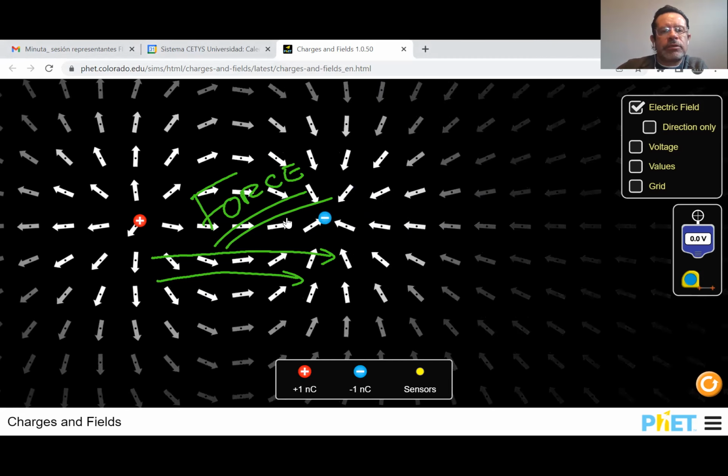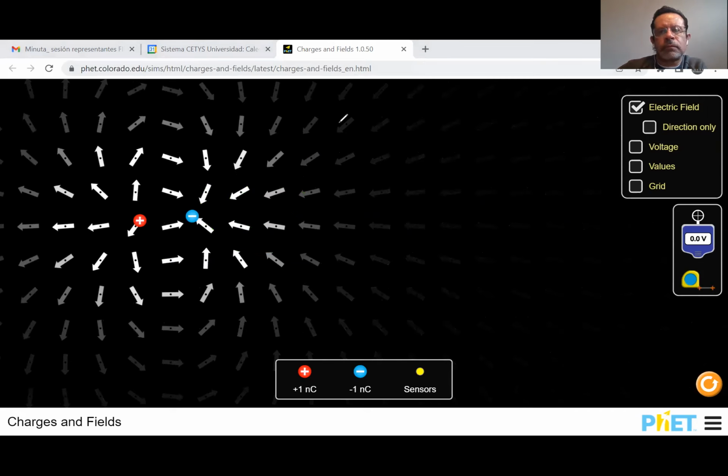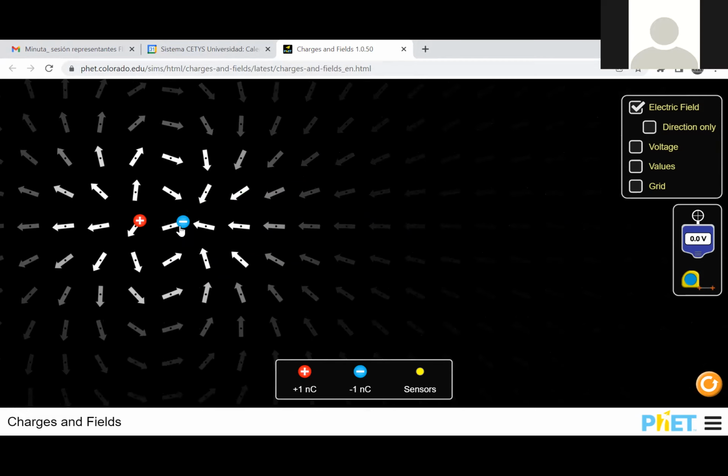So what happens when I'm really close, with the shading? How is the force between these two particles when I'm very close? Look at the colors there. How is the shading? How is the force? It's very intense.